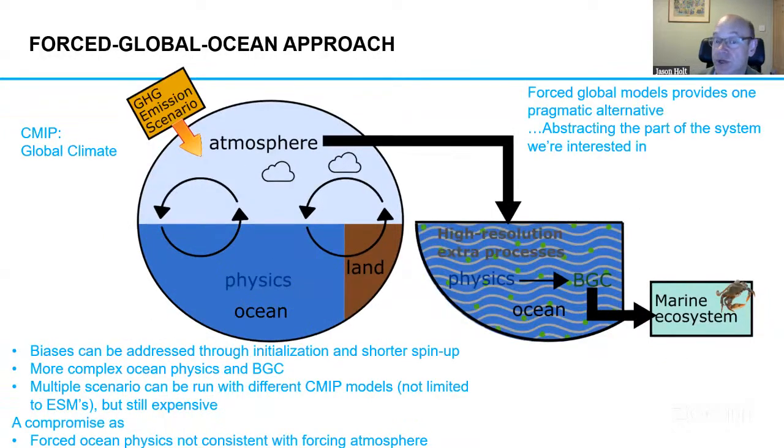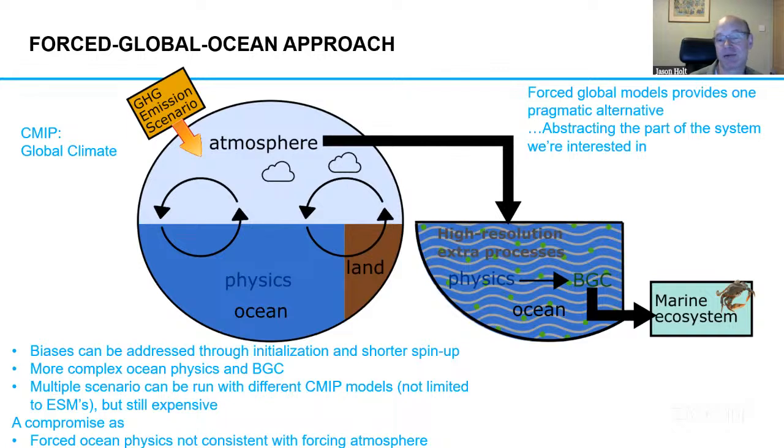An alternative to that is you can actually run global models, so forced global ocean models. These can then use a much wider range of atmospheric forcing, so that they can use a high resolution forcing, because they don't necessarily need the biogeochemical boundary conditions. They're comparatively cheap compared to the climate models, although when you start getting very high resolution oceans, they can become quite expensive.